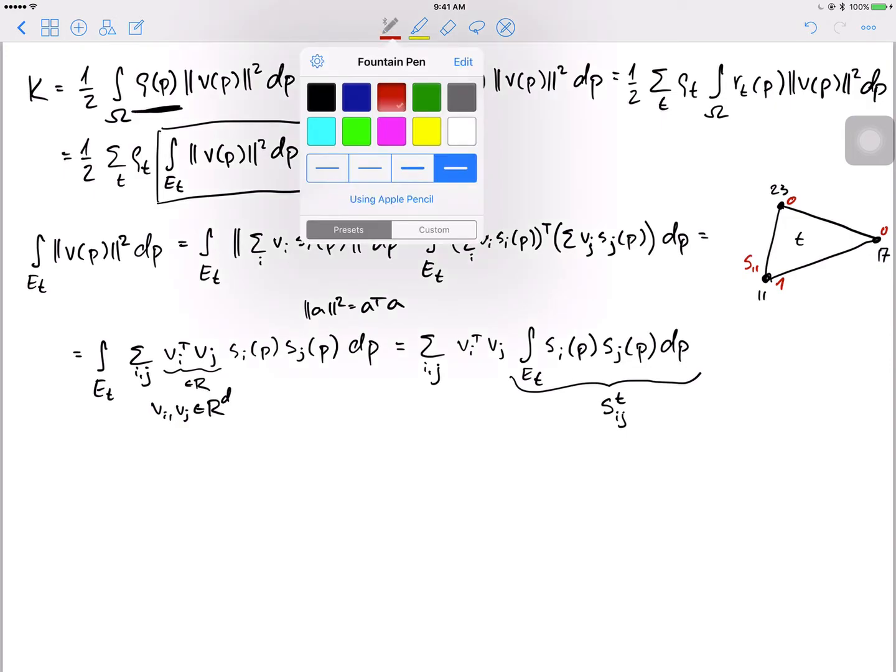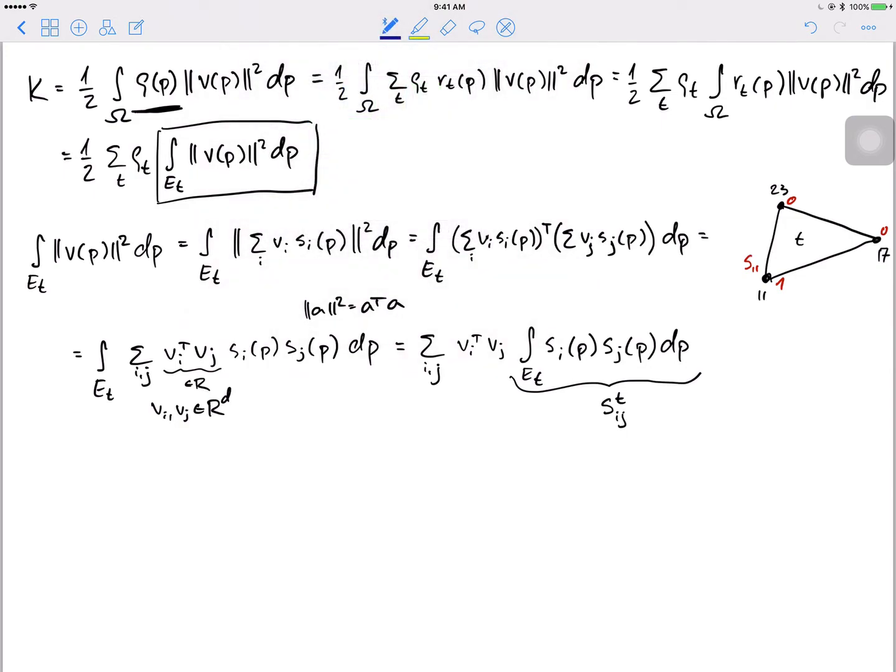Now here I would have S23, right? So S23 would be 1 here and 0 everywhere else, linear ramp between them. Okay? And this integral means, hey, integrate the product of, for example, S11 and S23, if my triangle T connects nodes 11 and 23.